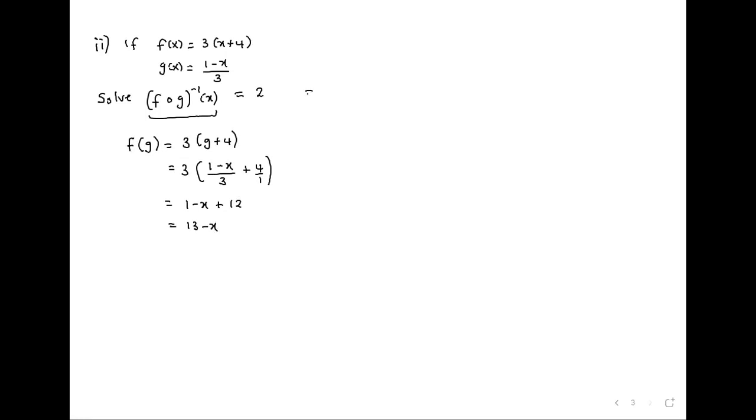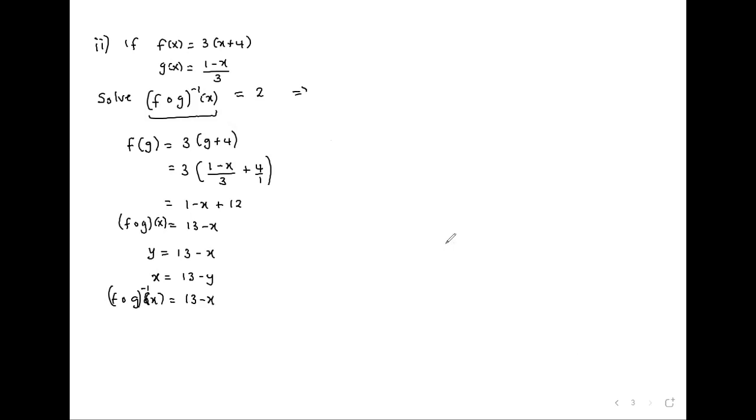This is f of g. Now we need to find the inverse, so we let it be y, have 13 minus x, and then switch them. So the inverse is just itself, it's just 13 minus x.